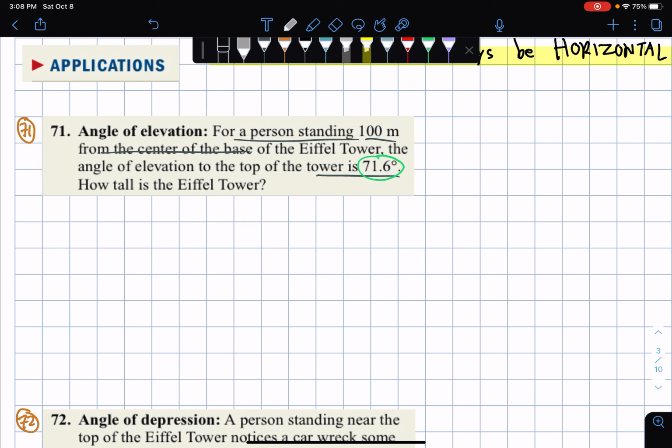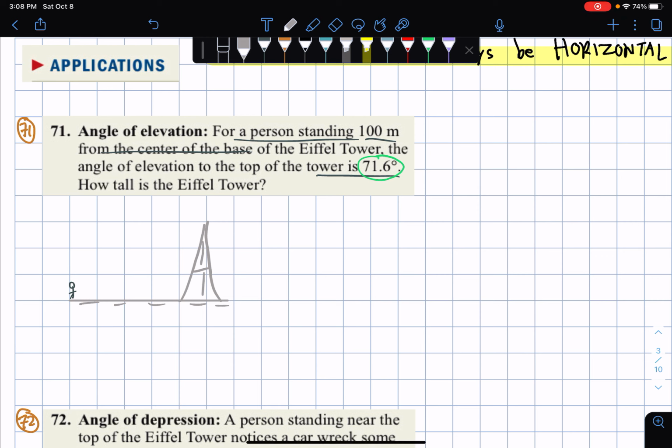So assume that this is the person and standing 100 meters from the center of the base of the Eiffel Tower, he must be at the ground floor, at the same elevation of where the ground floor of the Eiffel Tower is. So apologies for my drawing, but just assume that this is the Eiffel Tower and this is the ground, which would eventually present itself as the line of orientation.